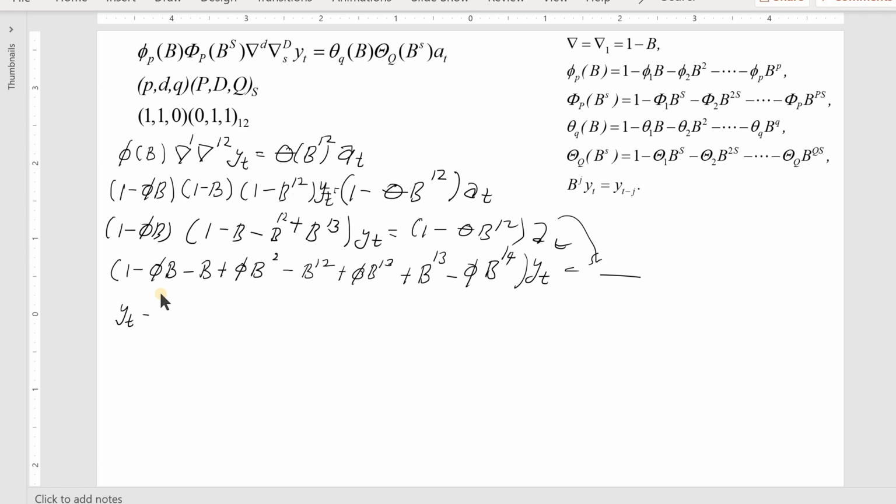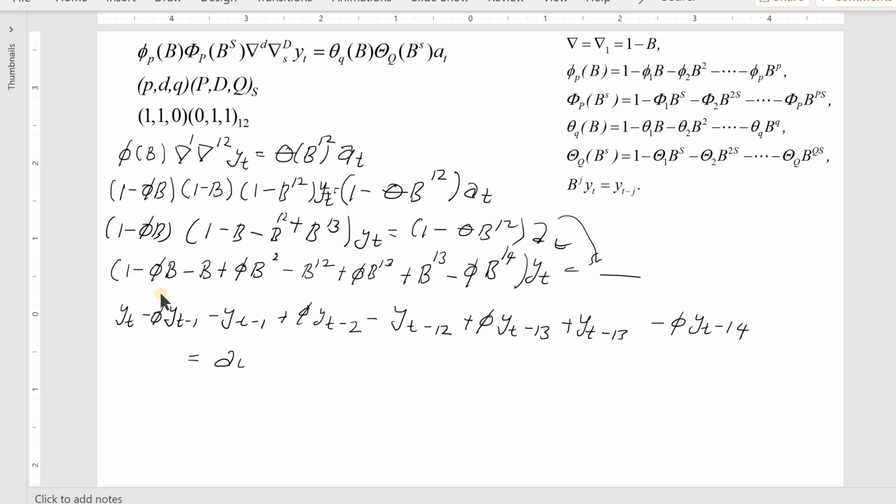So YT minus phi YT minus 1, YT minus 1 plus phi YT minus 2, minus YT minus 12 plus phi YT minus 13 plus YT minus 13 minus phi YT minus 14. And then the at is at minus at minus 12.